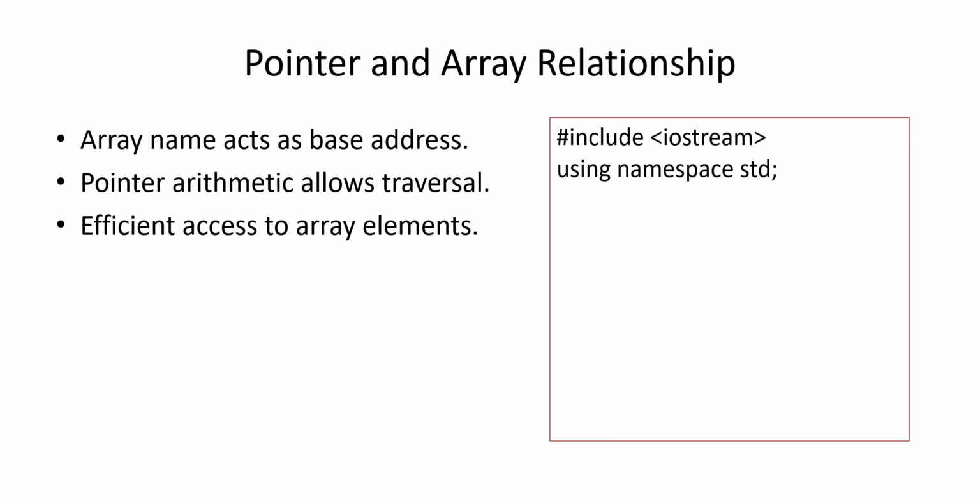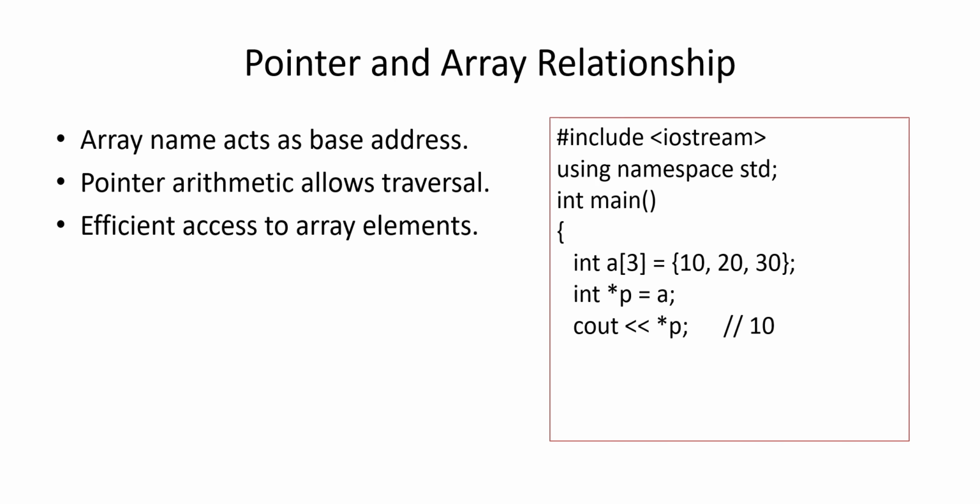So this slide explains a very important relationship. The array name itself acts as a base address. int *p = a means p points to the first element of the array. *p is the first element, *(p+1) is the second element.